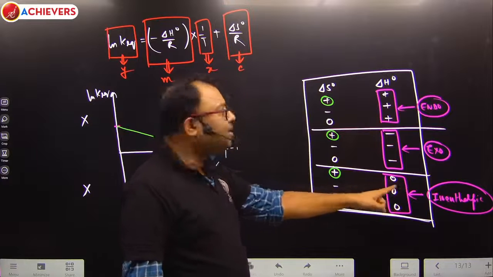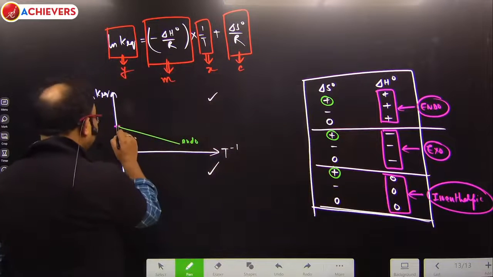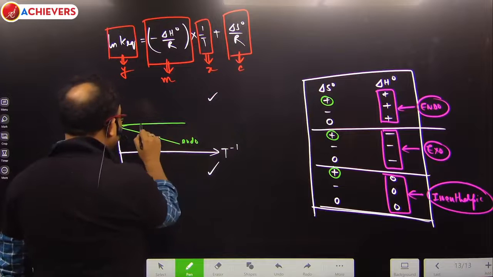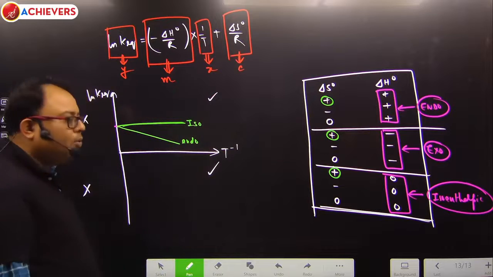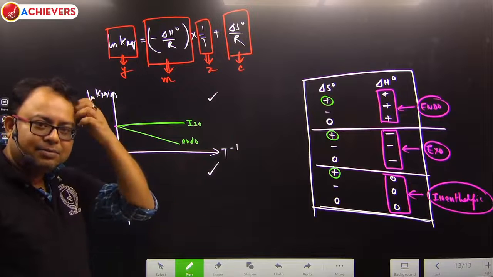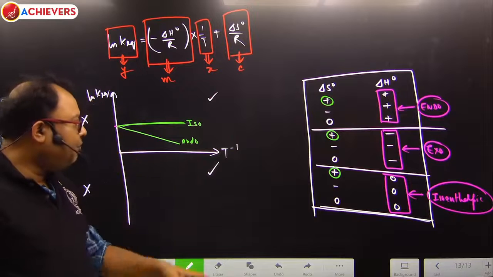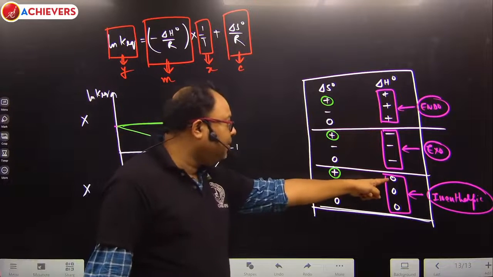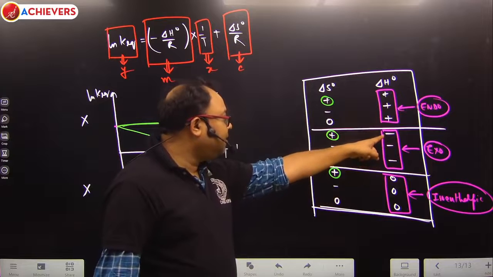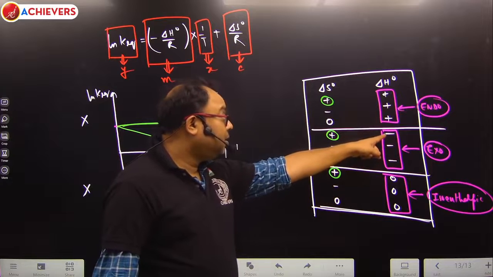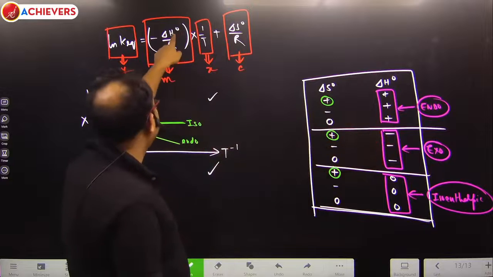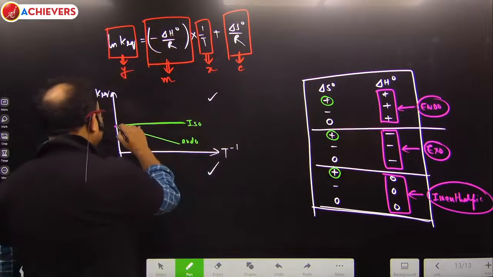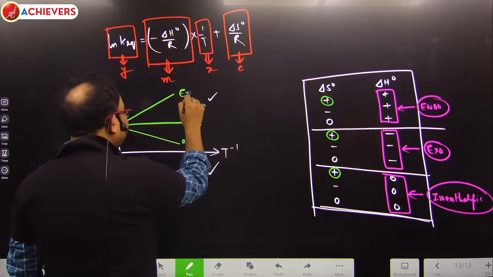If delta H naught is 0, then the slope is 0. Slope 0 means it's parallel to the 1 by T axis. And for exo, delta H naught is negative. Negative multiplied by negative is positive. So this is going to happen for exo.